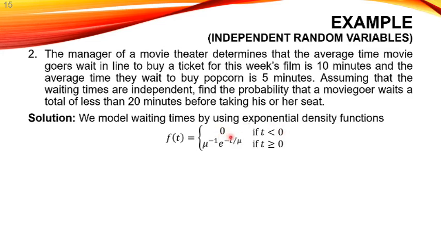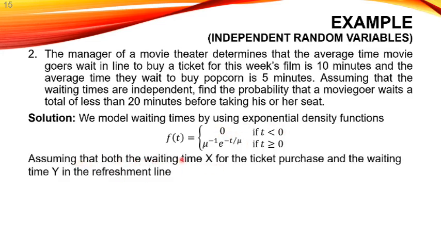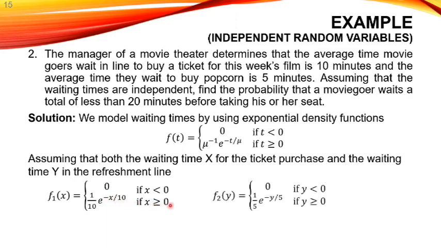So, the negative is 0. So, assuming that the waiting time, the variable x, for the ticket purchase and the waiting time, the variable y, in the refreshment line: f sub 1 of x is equal to 0 if x is negative, 1 over 10 times e raised to negative x over 10 if x is positive, and f sub 2 of y is equal to 1 over 5 e raised to negative y over 5 if y is positive or 0.